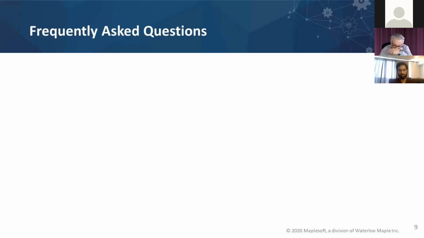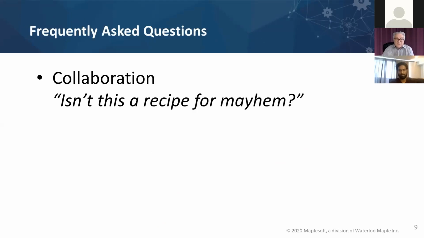But we do get a few questions that are frequently asked, and certainly the first one, as far as collaboration is concerned, is: isn't this a recipe for mayhem? Are we creating some kind of free-for-all by allowing all stakeholders to be able to make changes to the systems model?